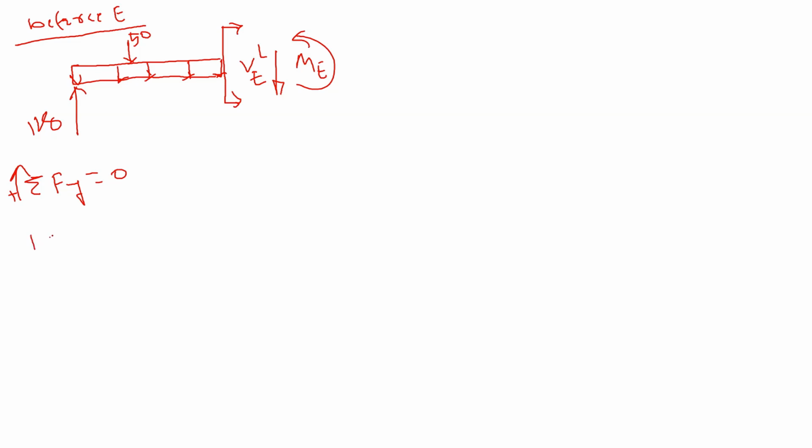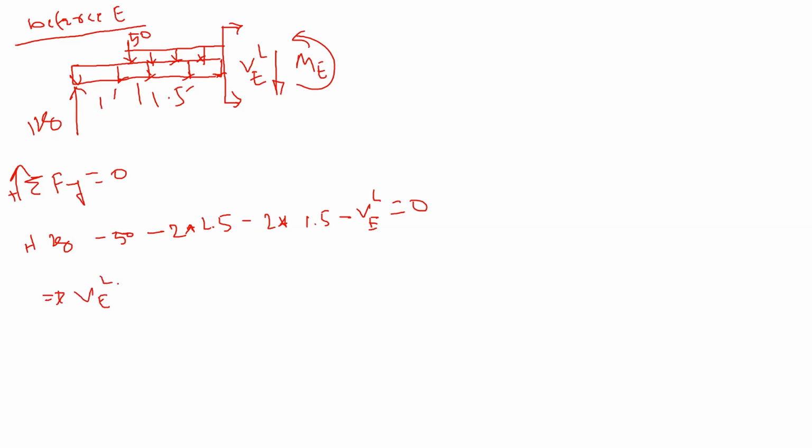So you can say 128 plus minus 50 minus 2 times 2.5, that's 1.5 feet, minus, and then we got another uniformly distributed load here, which is 2 pounds per foot times 1.5 feet of that load, minus E to the left side, shear force to the left side, then VEL was calculated 70.